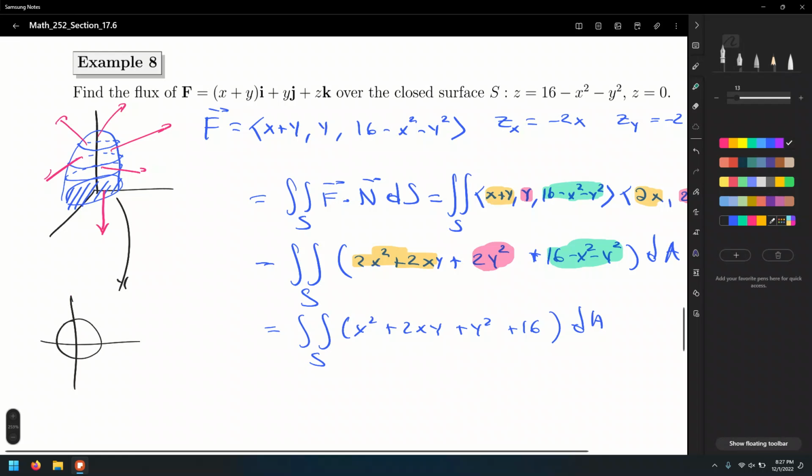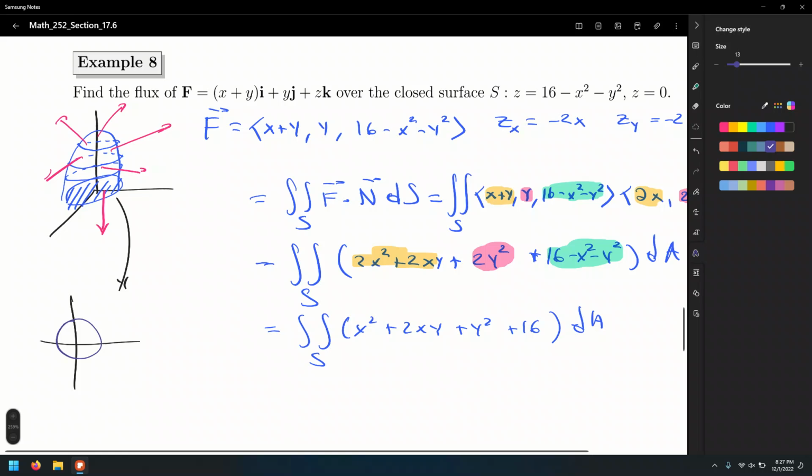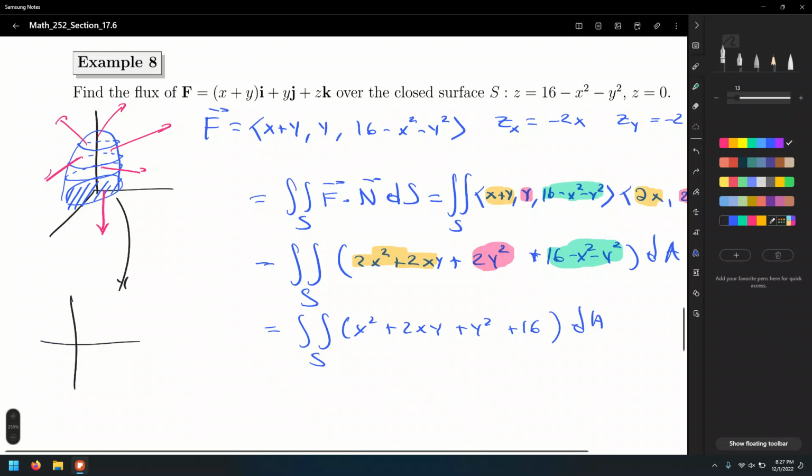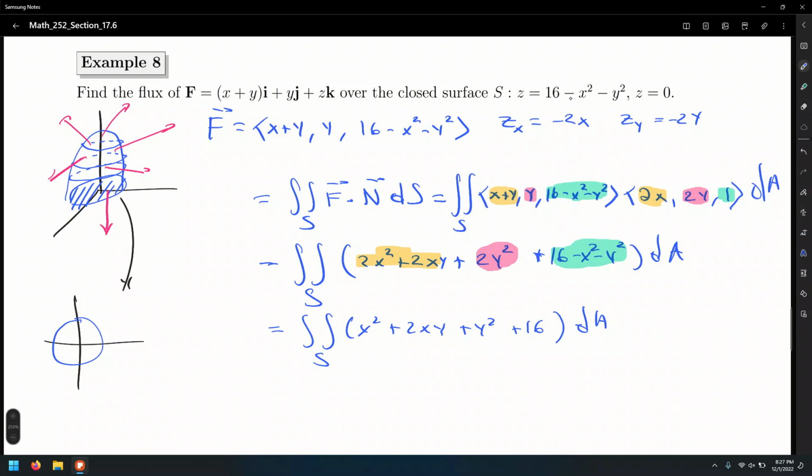notice the base is circular, isn't it? The base is circular. So that's a circle, and in this case, that's the circle x squared plus y squared equals 16, isn't it?